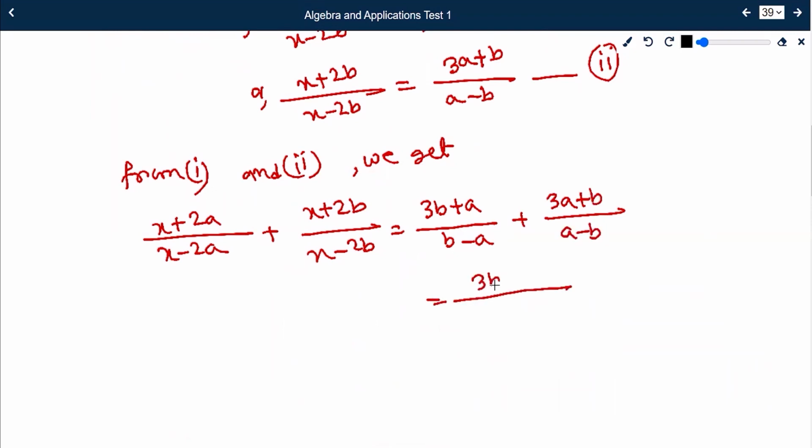So 3b plus a by b minus a. I can make the denominator same by taking common minus 1 from a minus b, and that will make this plus also minus.